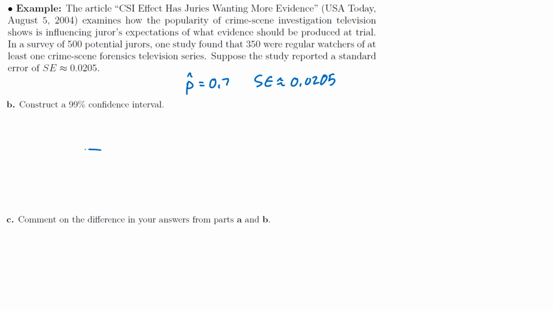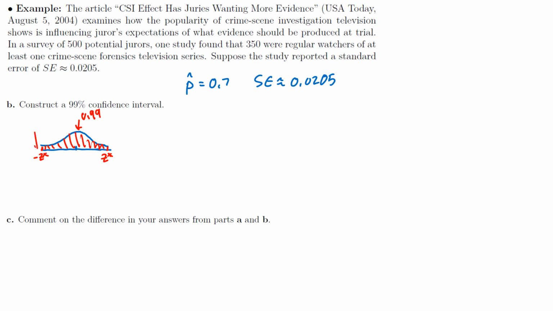But now we want to sketch this out, and figure out what's happening so that the proportion of the curve between negative z and z is actually 99%.